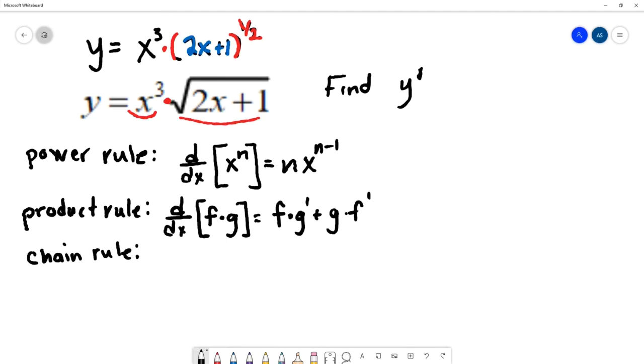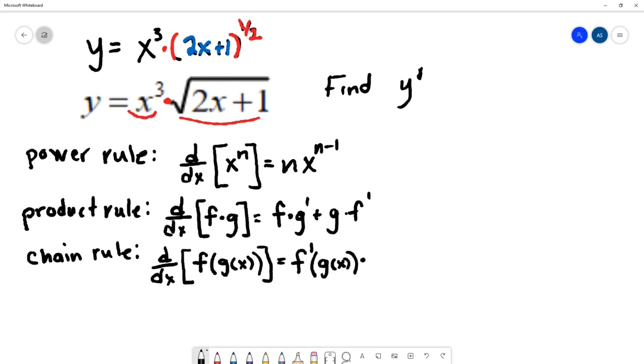And the chain rule says this: if you have the derivative, and this time we're doing the derivative of a composition, that's when you have an outside function and an inside function, we follow this pattern here. We calculate the derivative of the outside function. We leave the inside function the same, and we chain, which is why this is called the chain rule.